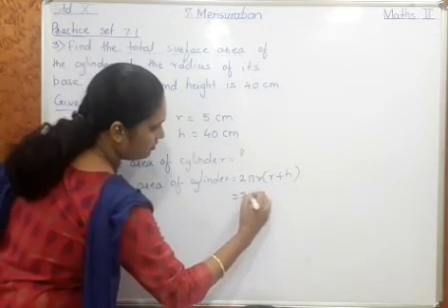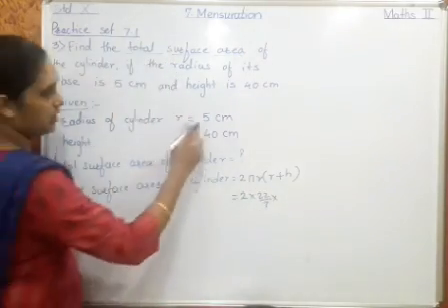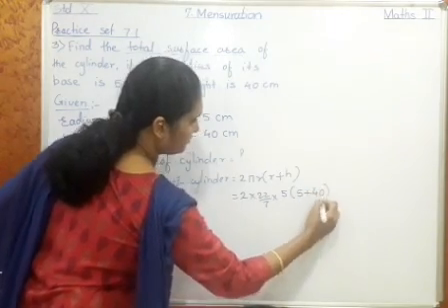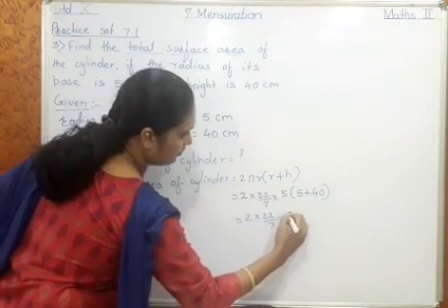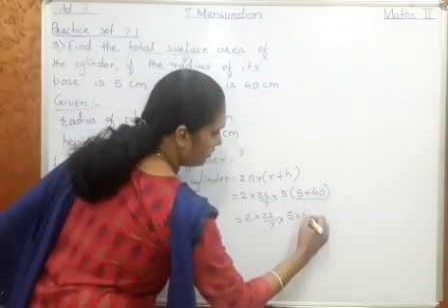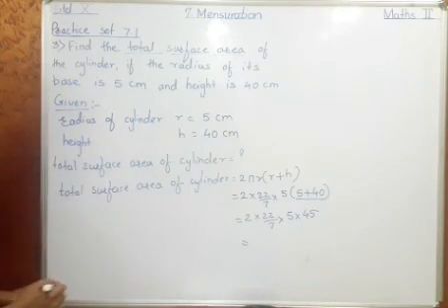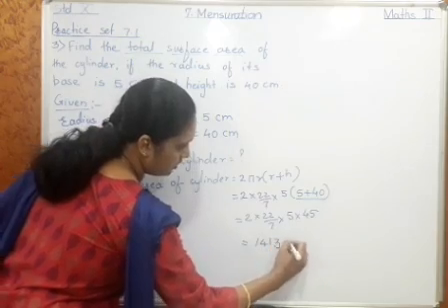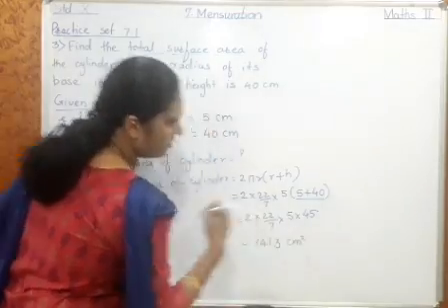Now just put the values: 2 into 22/7 into r, which is given 5, into the bracket 5 plus 40. 2 into 22/7 into 5 into, we'll add the bracket first, so this is 45. Do the calculation and divide by 7, and you will get the answer 1413 centimeter. Now as it is an area, this will be centimeter square.